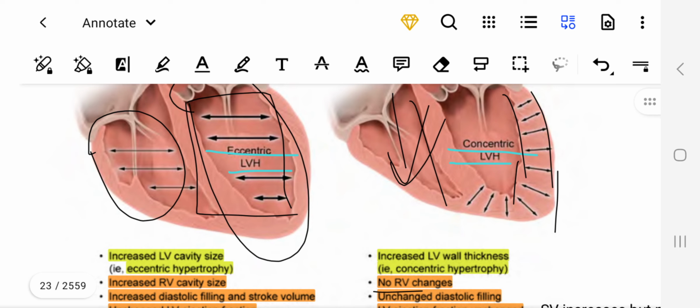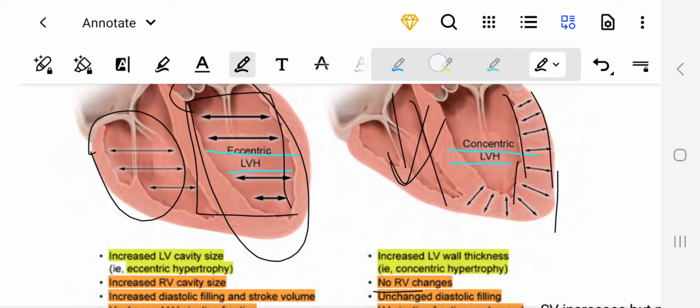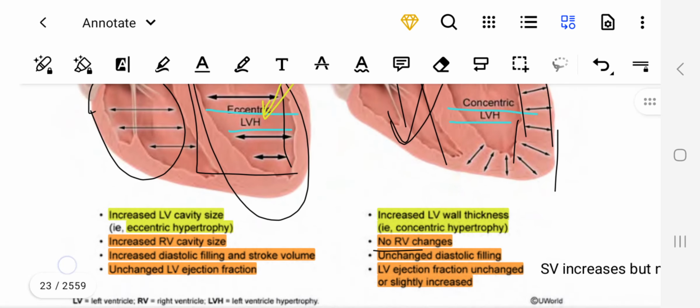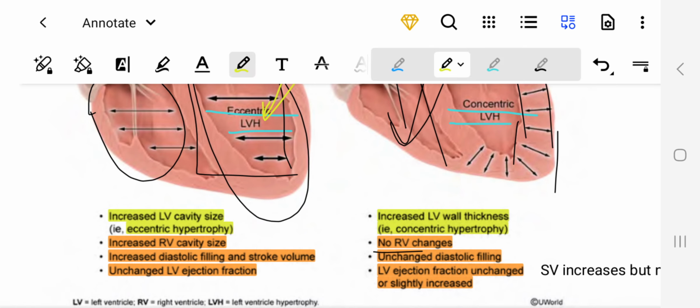With that, the preload will be increased because of the end diastolic volume, and if preload is increased, that will lead to increased stroke volume, because we know the determinants of stroke volume, like preload and afterload, are increasing the stroke volume, right?